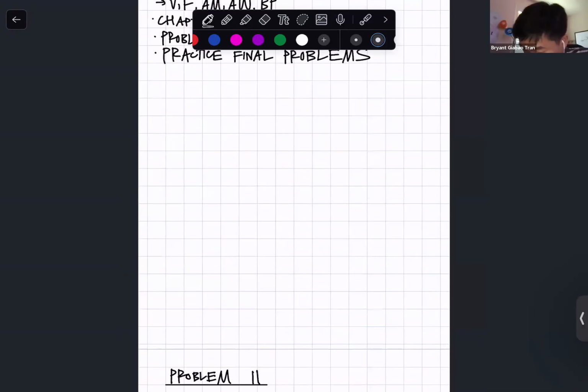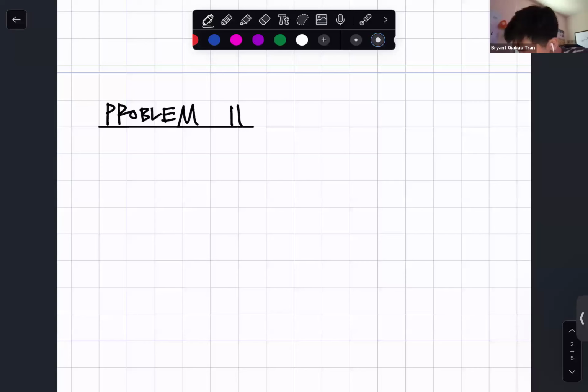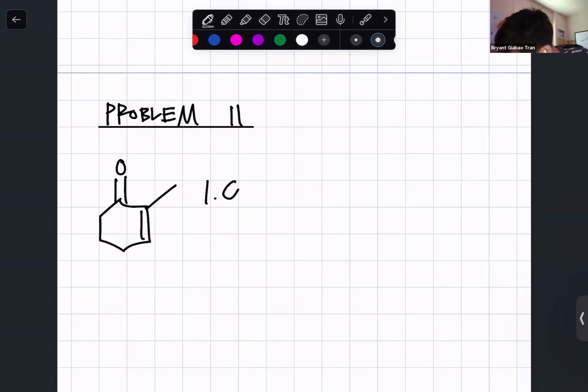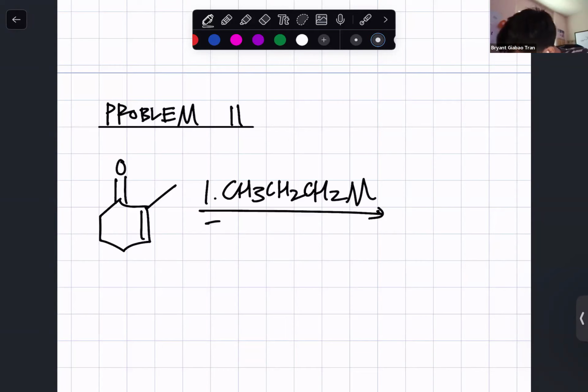Okay. So this problem here has an alpha beta unsaturated carbonyl, or an enone, reacting with CH3CH2CH2M. Second step, acid workup, H3O+.